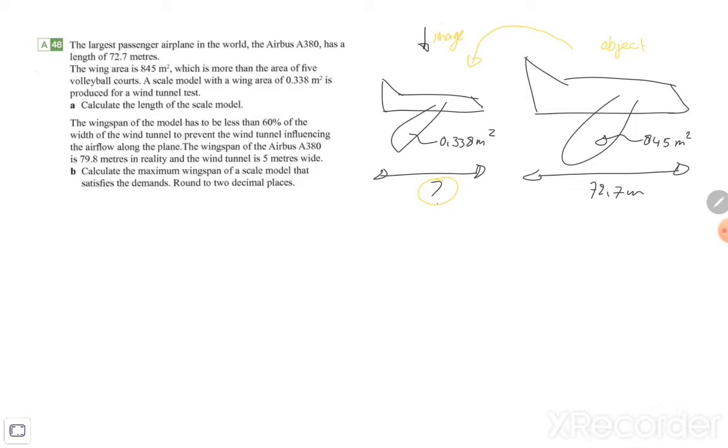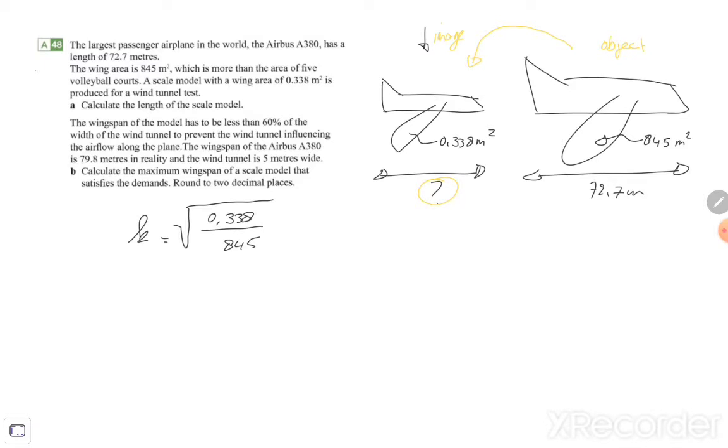To calculate the length of the scale model, first we need to know the scale factor. If we know the two areas of the wings, we need to do 0.338 divided by 845. I need to know how many times it fits in the other one, but we need to take the square root of it because we talk about the area.